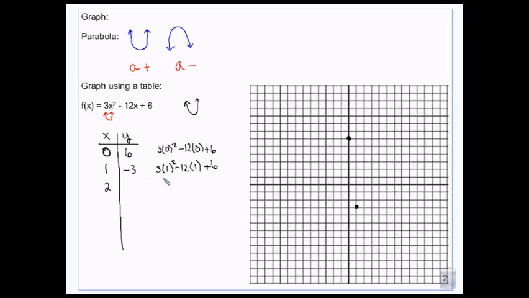Okay, so I'm going to try 2. So I've got 3 times 4, which is 12, minus 24, so that's negative 12, plus 6, so that's negative 6.